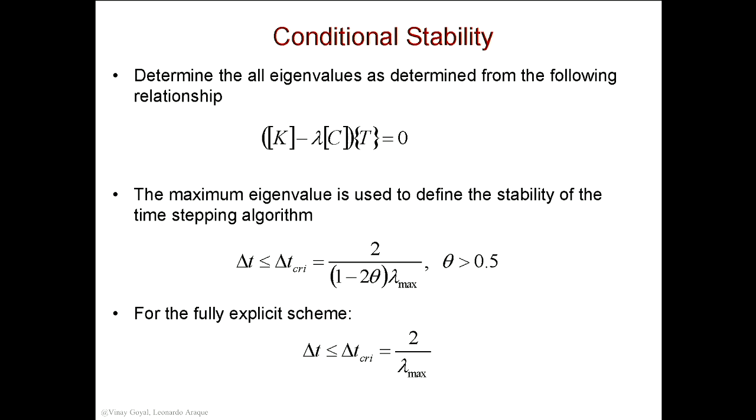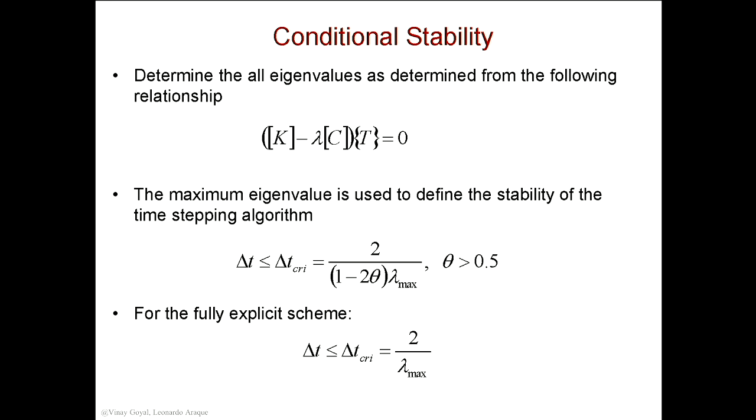Now, conditional stability. This sounds very mathematical, and yes, it's derived from mathematics, but I have to go through this. If I took K and C, which we know, K is 3 by 3 and C is 3 by 3, for this problem I can calculate the eigenvalues of this formula.